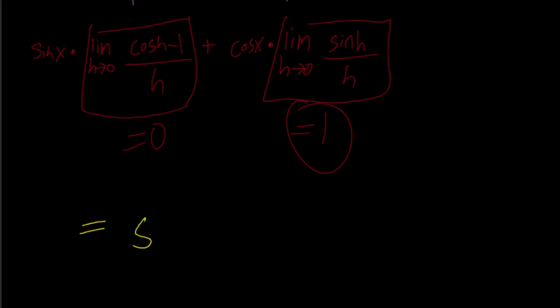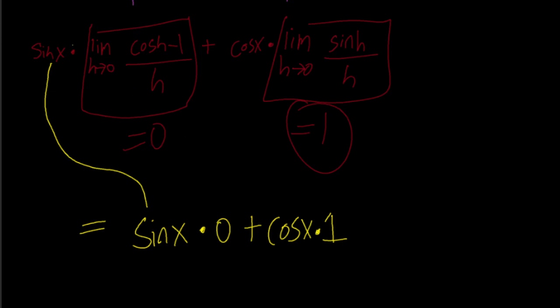So then we get sine x multiplied by 0 plus the cosine of x multiplied by 1.